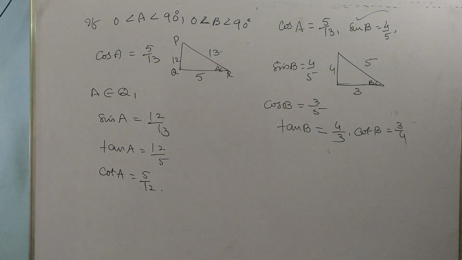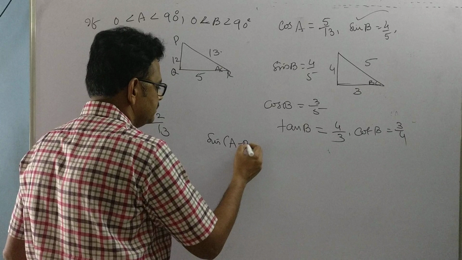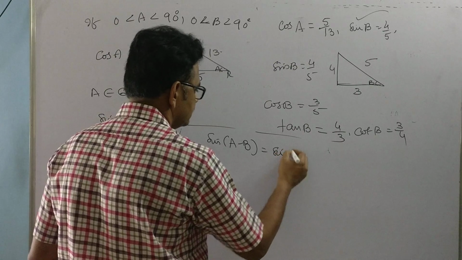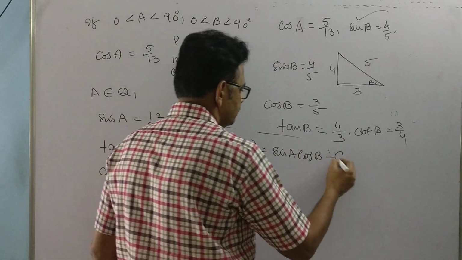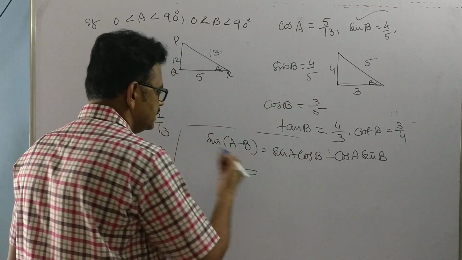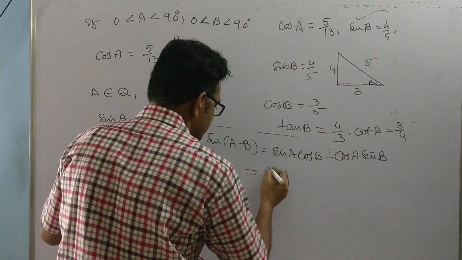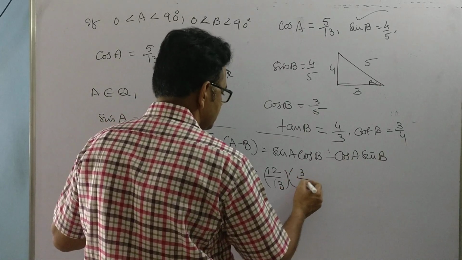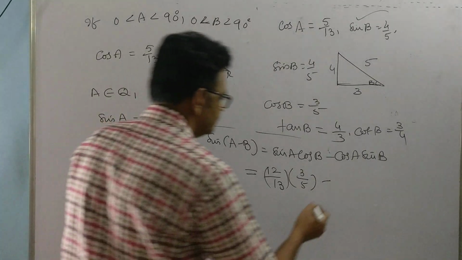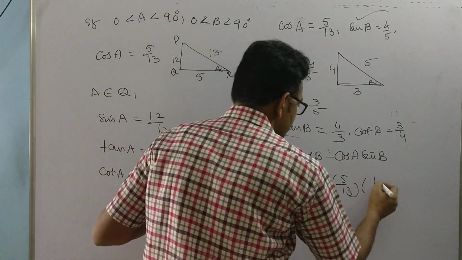Now, you can take the first one. What is the first one? Sin of A minus B is equal to sin A cos B minus cos A into sin B. That is equal to sin A 12 by 13, cos B 3 by 5 minus cos A 5 by 13 into sin B 4 by 5.